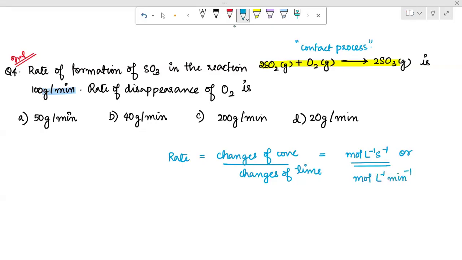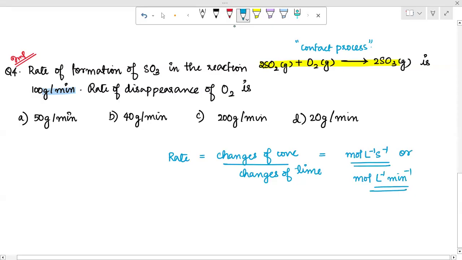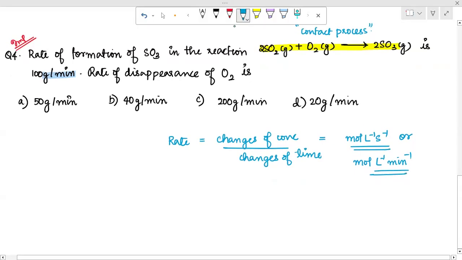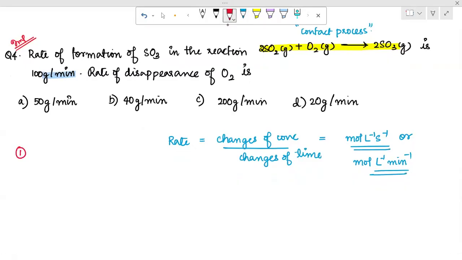That is also fine. Any units of time. But here, they have given in terms of grams per minute. They have given in terms of grams per minute. So our first task is to convert the unit. Very important. Convert the units.